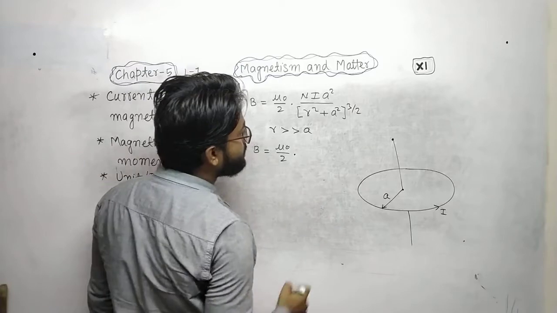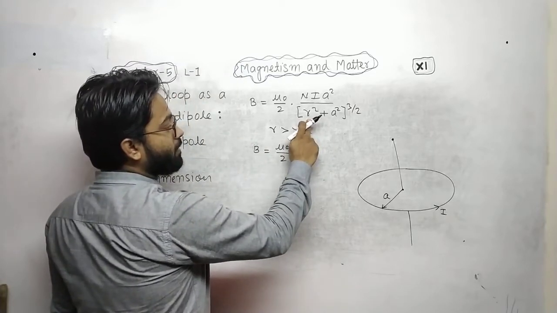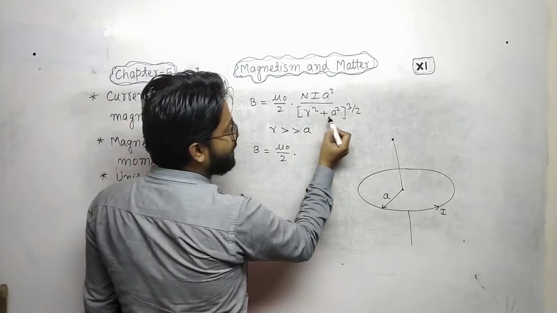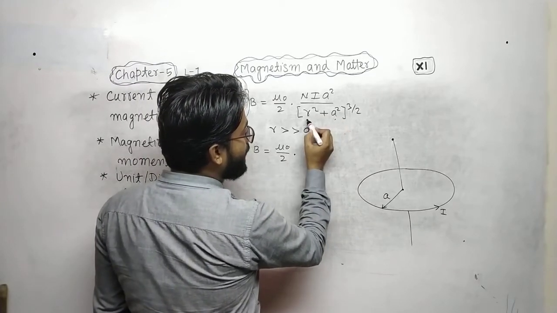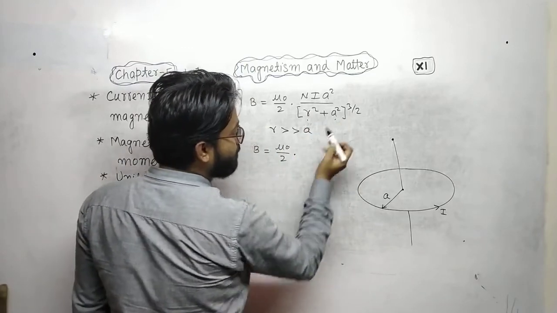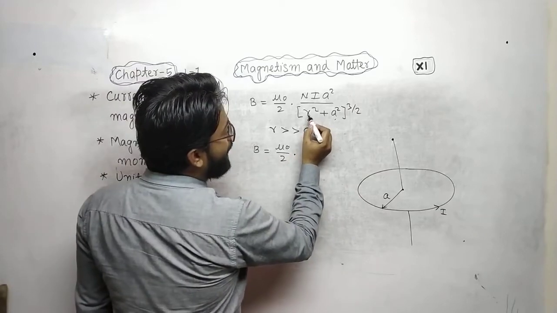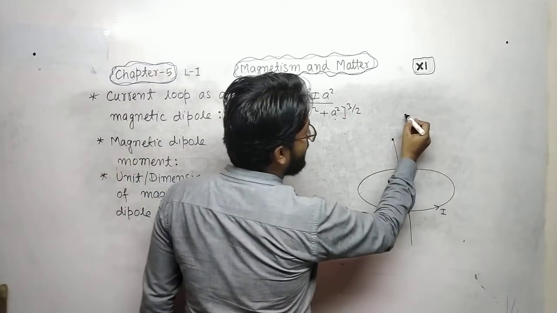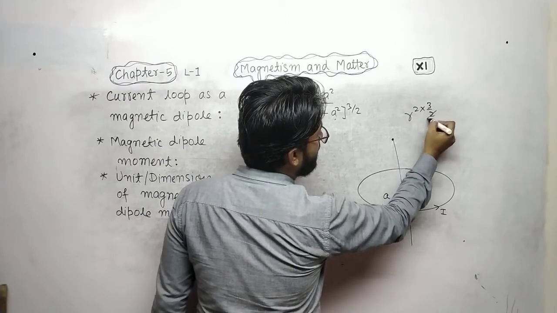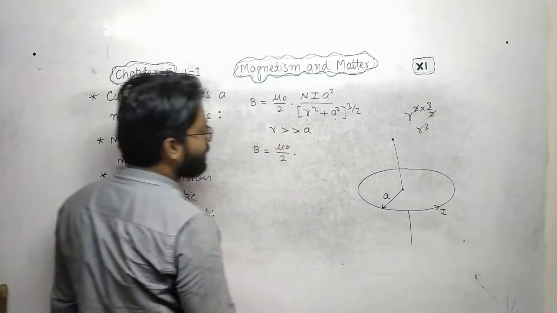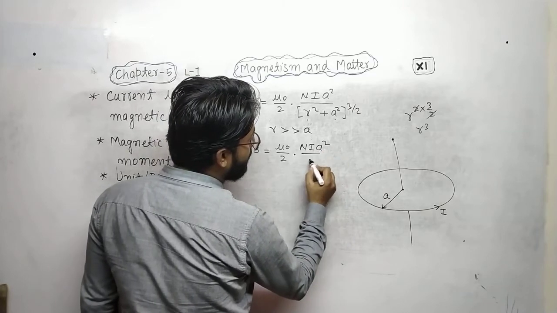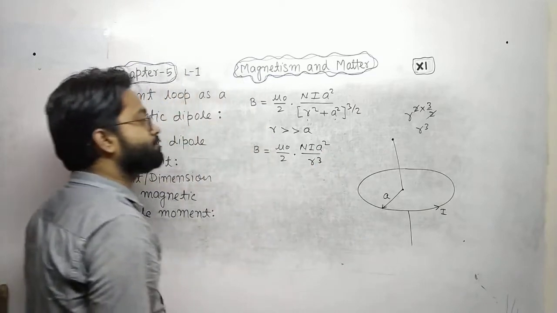As compared to R, A is very small, so A square can be neglected. Then R square to the power 3 by 2 becomes R cubed, multiplied with the 2 cancelling, giving Ni A square upon R to the power 3.